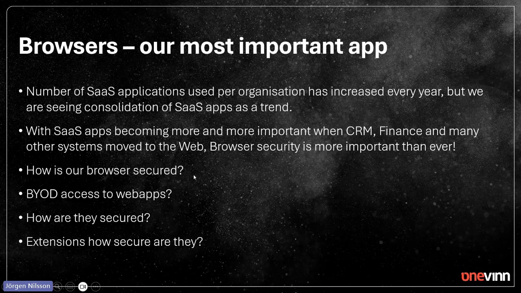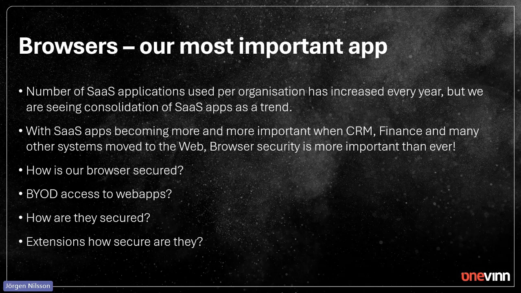So why this little webinar on Edge? Well, because I think very often that Edge is somewhat not appreciated enough and not prioritized enough. If we look at where we are and where we're going, when I prepared for this, there were quite interesting statistics that the number of SaaS applications used per organization has increased.